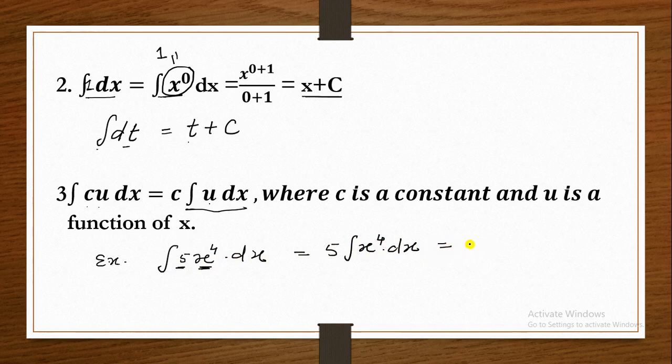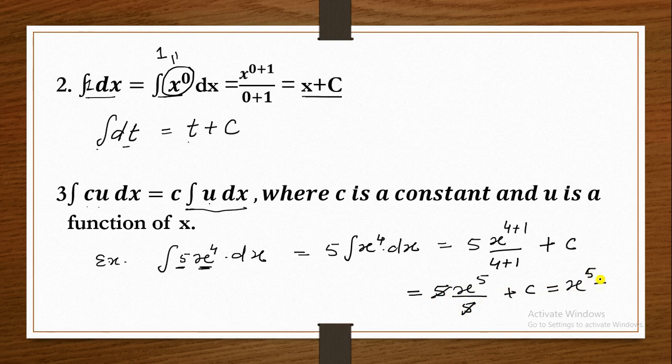is equal to 5 into x power 4 plus 1 upon 4 plus 1 plus c, means 5 x power 5 divided by 5 plus c. So answer is x to the power 5 plus c.